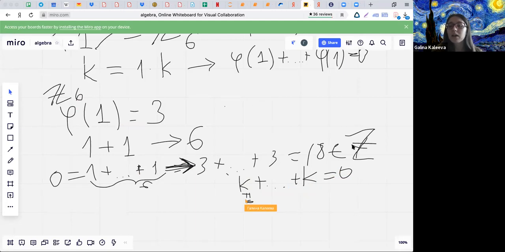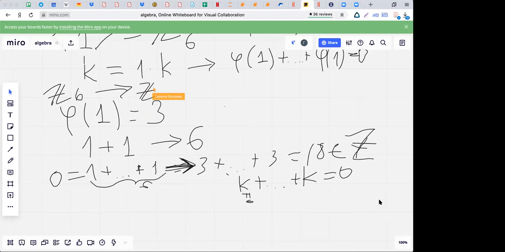Okay, who understands what is happening now with the homomorphisms from reminders to integers? Not quite. Not quite understand. Yeah.